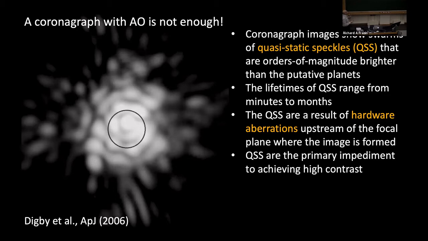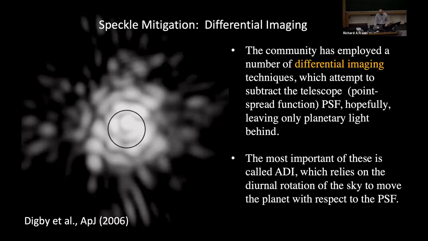So you have time dependent mechanical stresses on the optics, and they make these speckles change at various time scales ranging from minutes to months. They are the big problem in exoplanet imaging. It's very hard to deal with them.